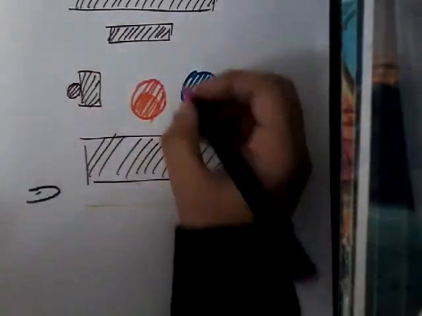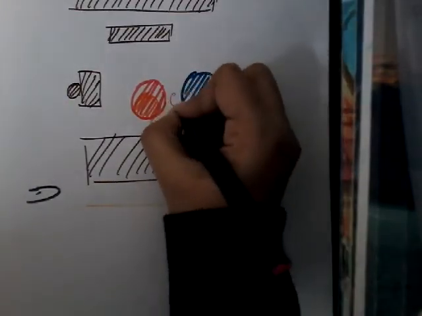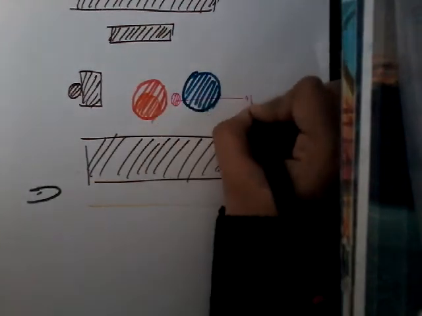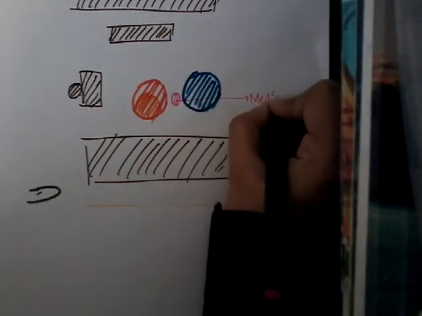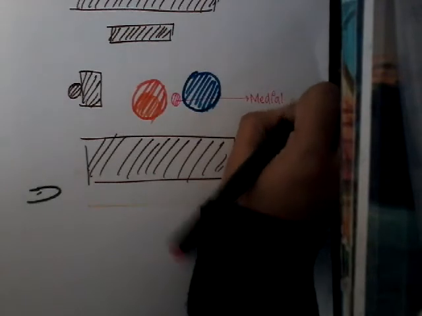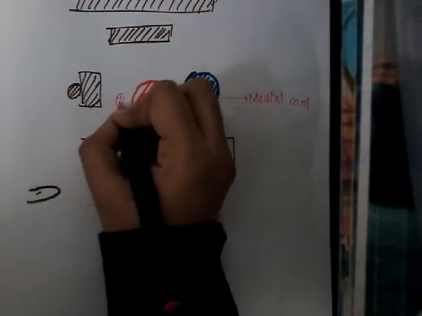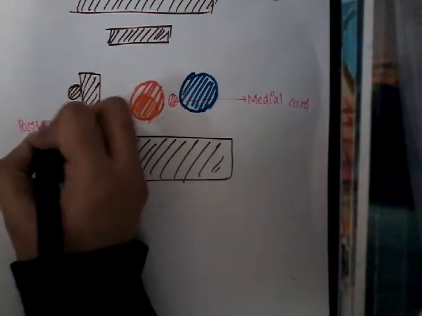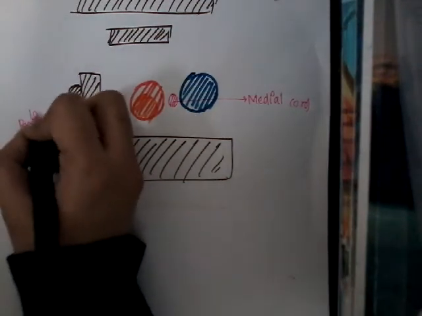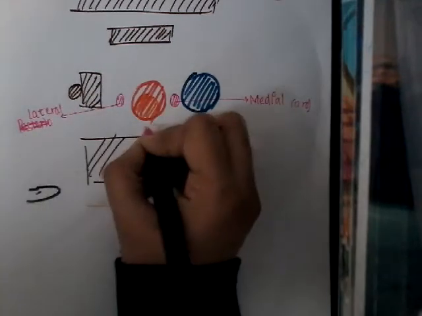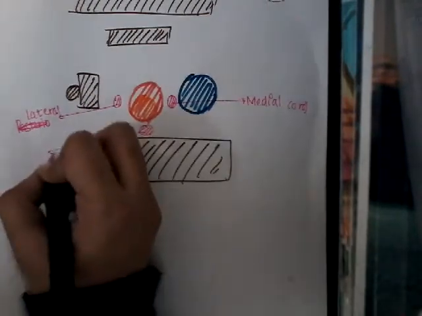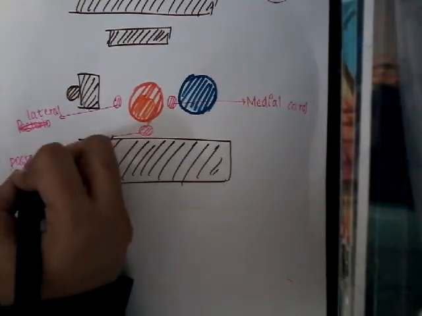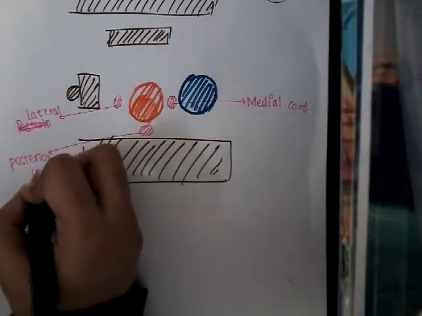So you'll have the medial cord in the medial relationship, the lateral cord in the lateral relationship, and the posterior cord in the posterior relationship.